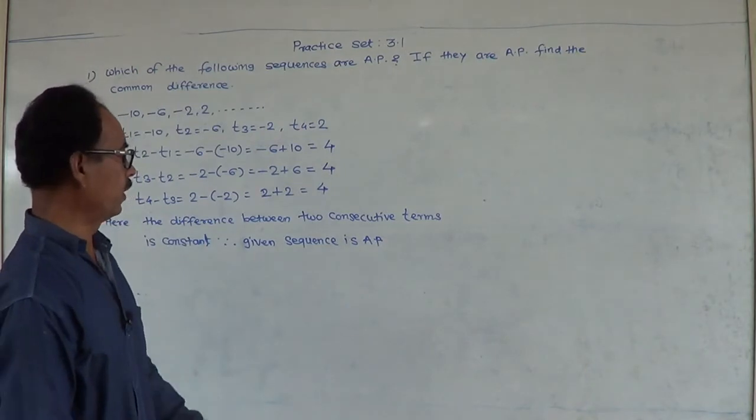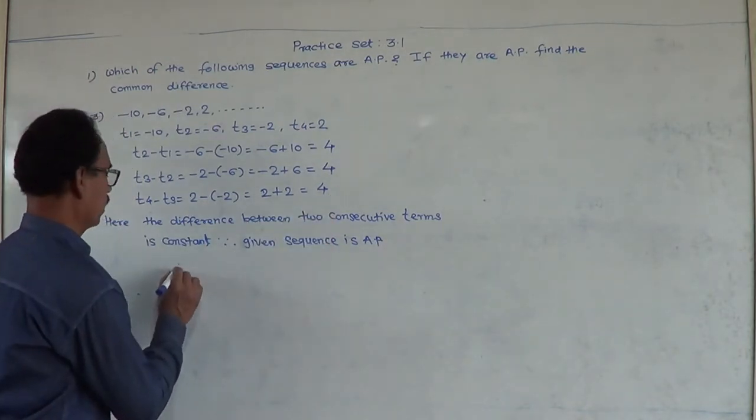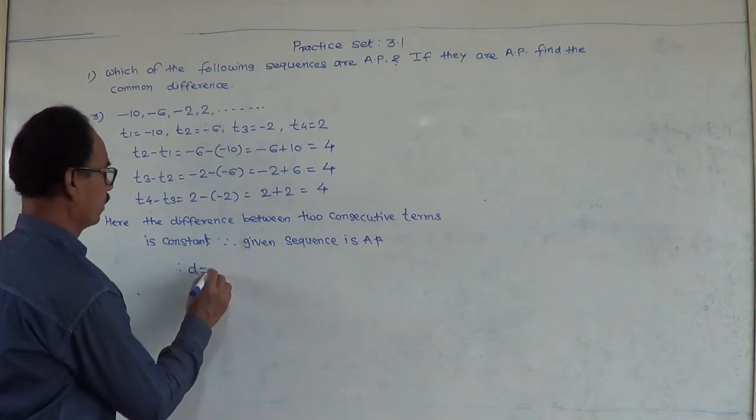Now the value of D is 4. So here the common difference D is 4.